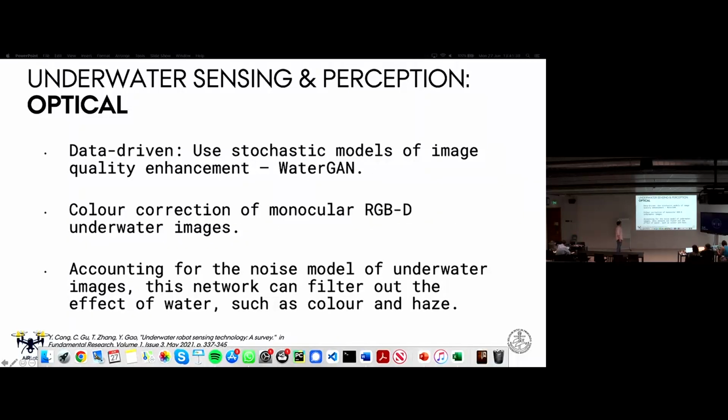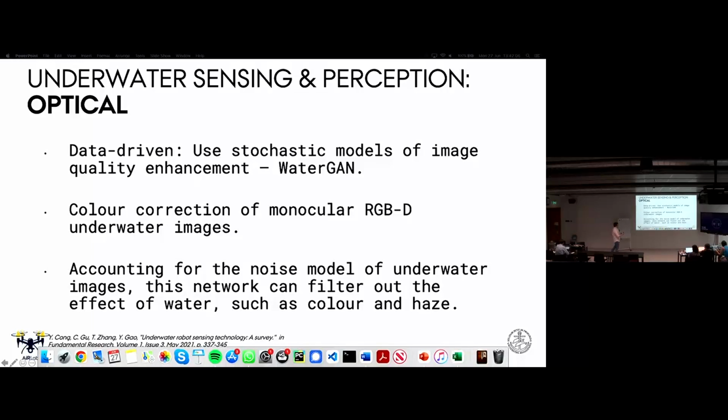Something that I'm more interested in, which is just data-driven, so throw data at a deep net and it'll work. I'm sure many of you have used WaterGAN. Very interesting how they pipelined it together. They try to perform color correction of monocular RGBD images.